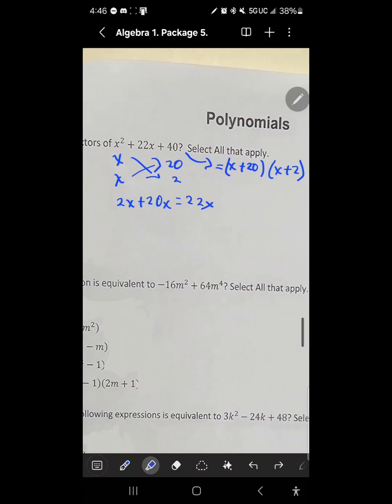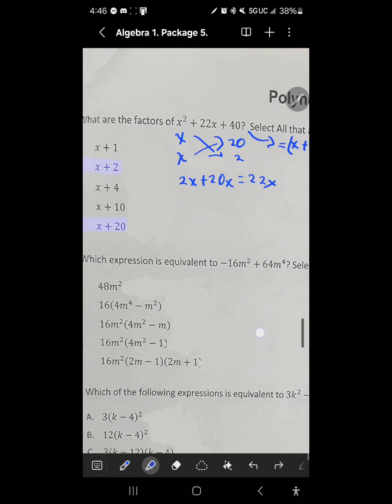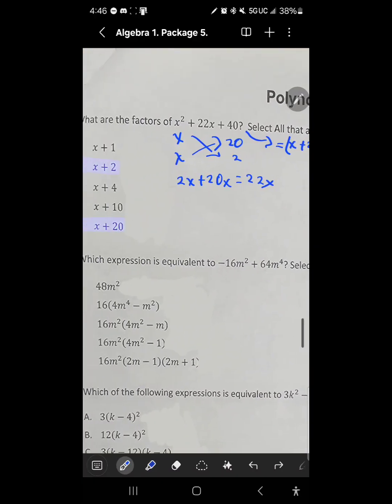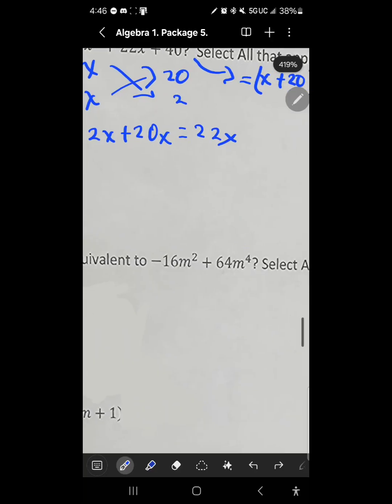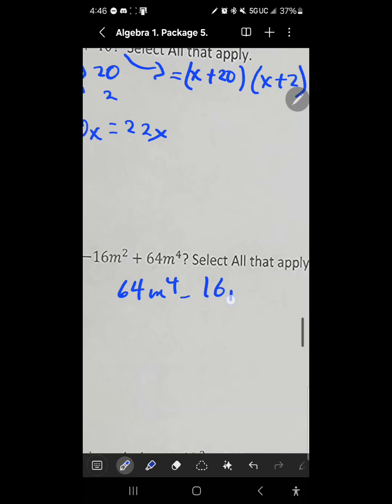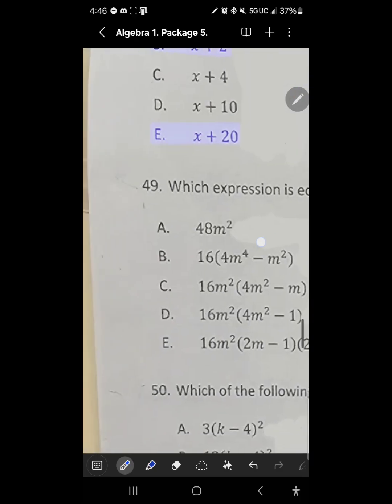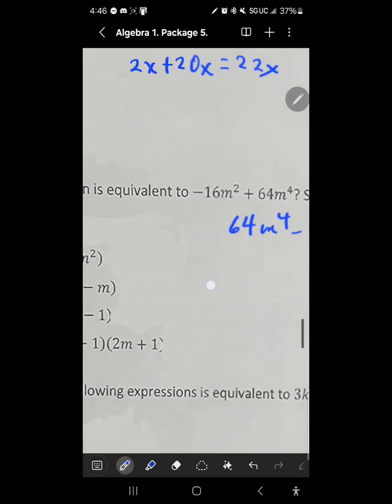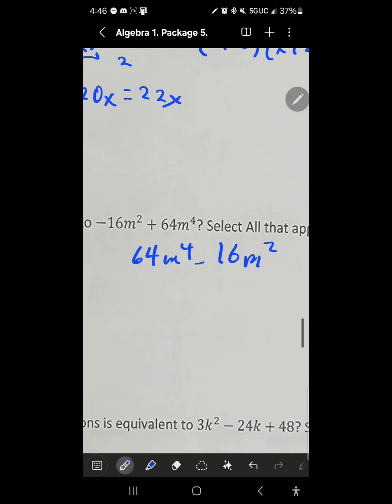Now here, which expression is equivalent? We actually need to simplify. So I'm going to first write it like this: 64m^4 minus 16m squared. Okay. So here we can take the m squared out.